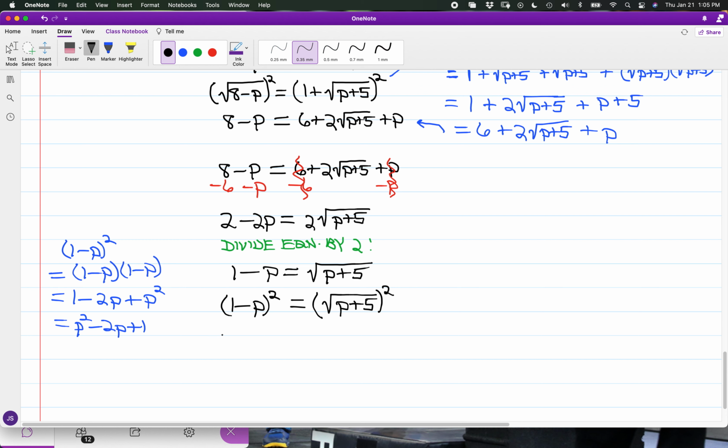Okay, so what we have here is p squared minus 2p plus 1 equal to p plus 5. And so, taking what we have now and expressing it in standard form, take away p, and also take away 5.